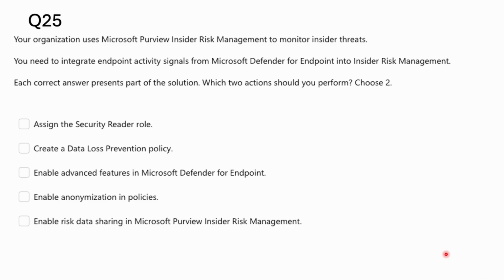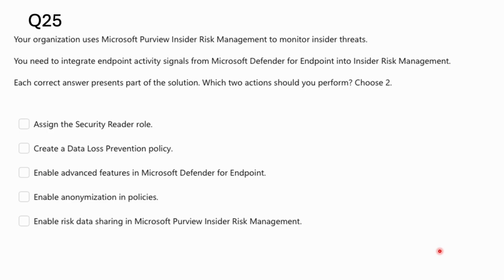The final one is enable risk data sharing in Microsoft Purview Insider Risk Management. Logically, this is going to be correct, since three out of five are incorrect. But let's understand why.